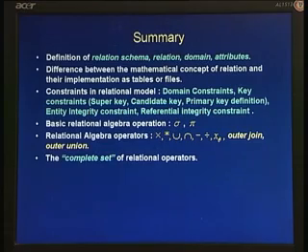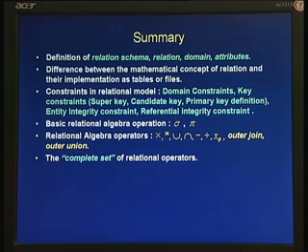So let us summarize what we have learned today in a brief fashion. So we saw the definition of relational schema, the notion of a relation, domains and attributes, and the characteristics of relations, especially considering duplicates and ordering of tuples and so on.